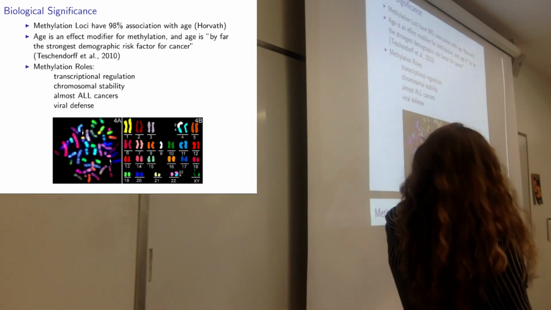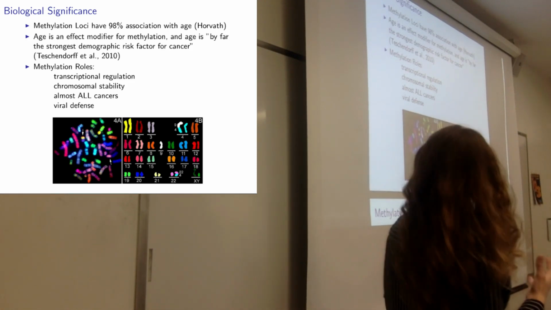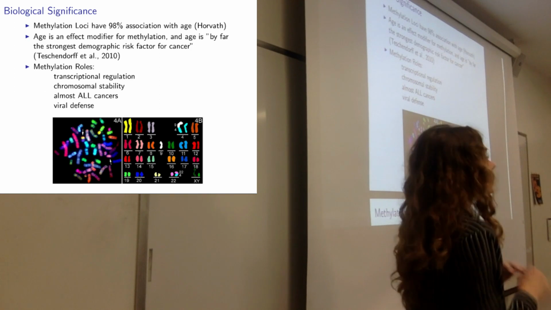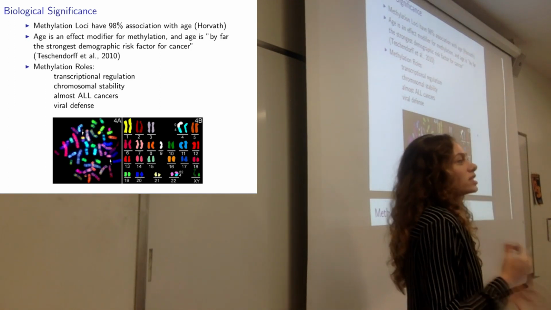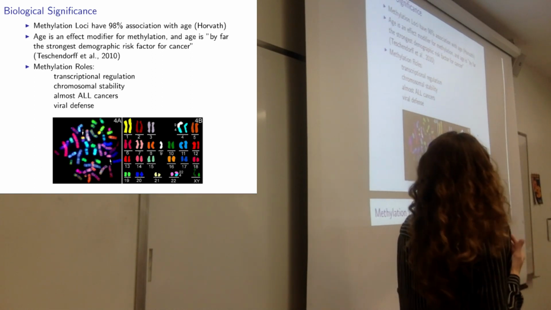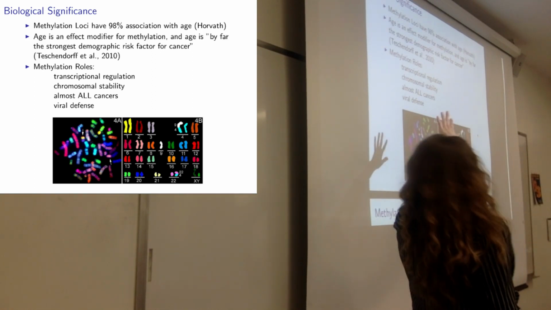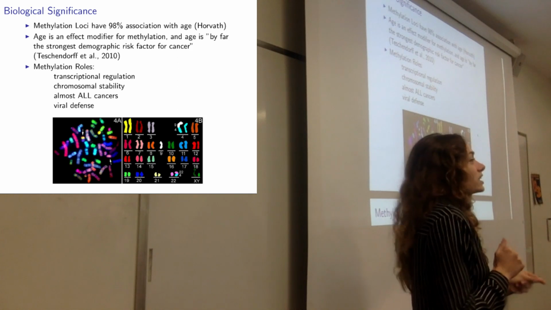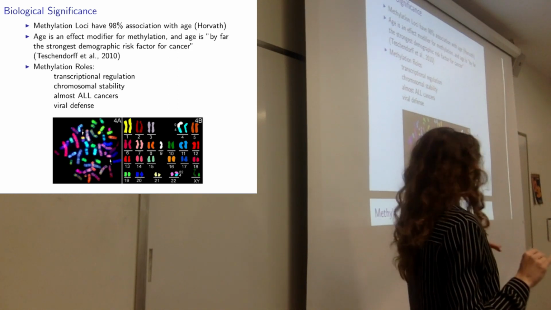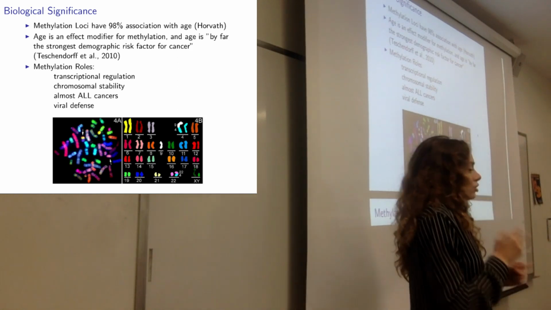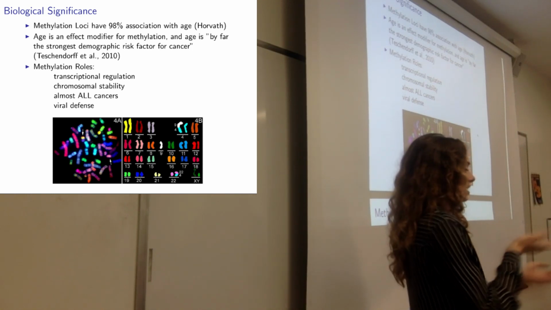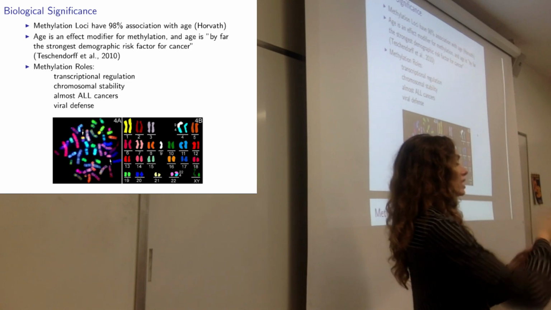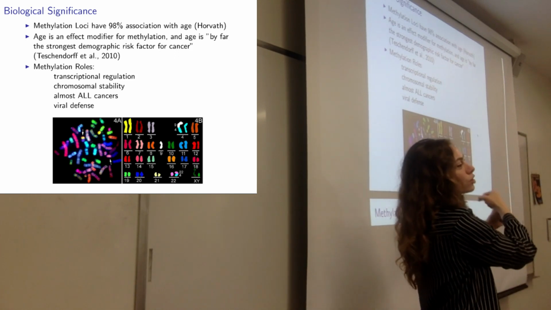And so methylation roles. Some of the things that methylation is really important for is transcriptional regulation. We already mentioned how it changes gene expression. And it also has these other three roles. So chromosomal stability, which is really interesting. If you have too much methylation or too little methylation, there are these hot spots in the DNA that fracture and then they break and they can translocate to another chromosome.